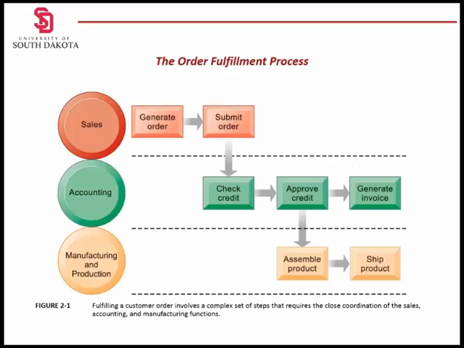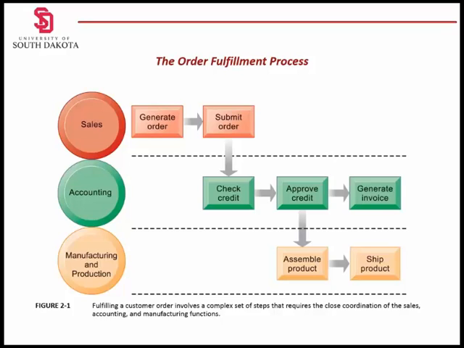So if we look at the order fulfillment process, the areas of sales, accounting, manufacturing, and production, we call those actors. And actors have a vested interest in how the system processes. Each of the square boxes within the process here is an activity, and what happens. For instance, sales initiates the whole process by generating an order.